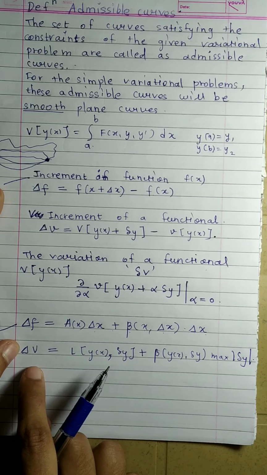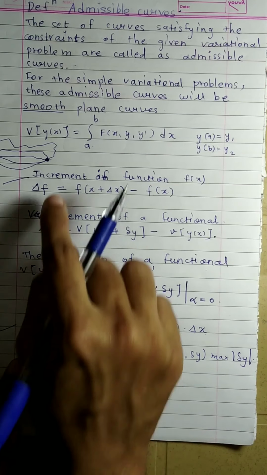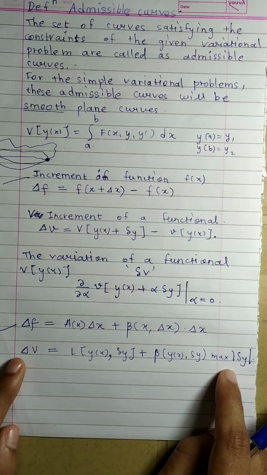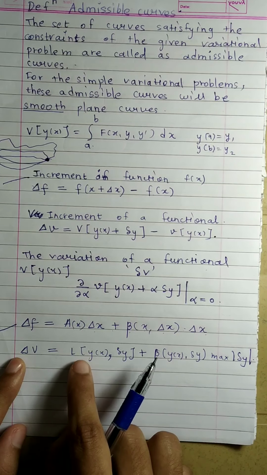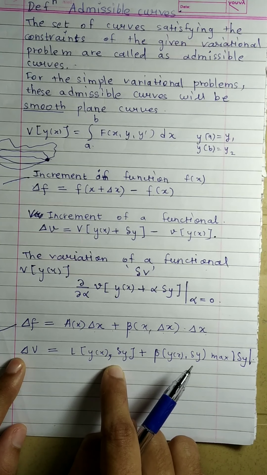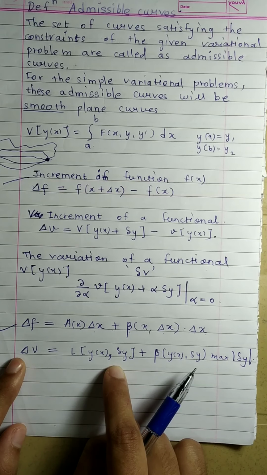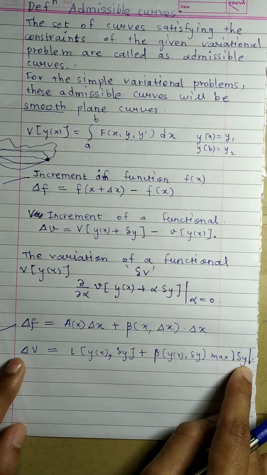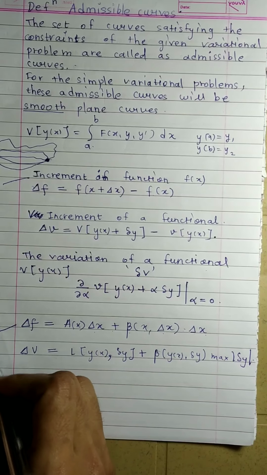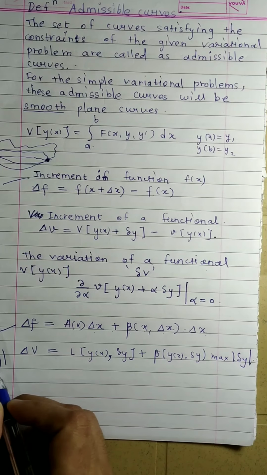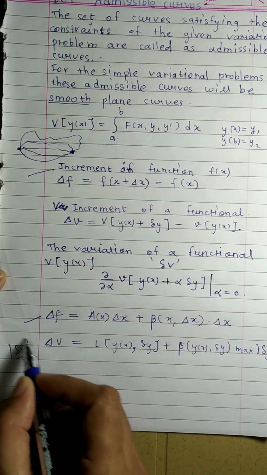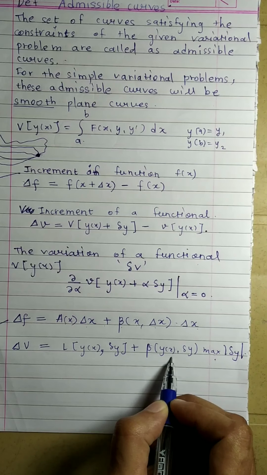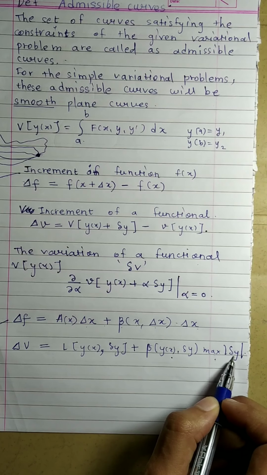Accordingly, how we have written delta of f, delta of v can also be written in this form. And this L(y of x, delta y) is a functional that is linear with respect to delta y. The maximum of this mod delta y is the maximum value of the variation in y, which we have seen. The maximum value of this quantity is maximum delta y, and this quantity goes to 0 as this goes to 0.